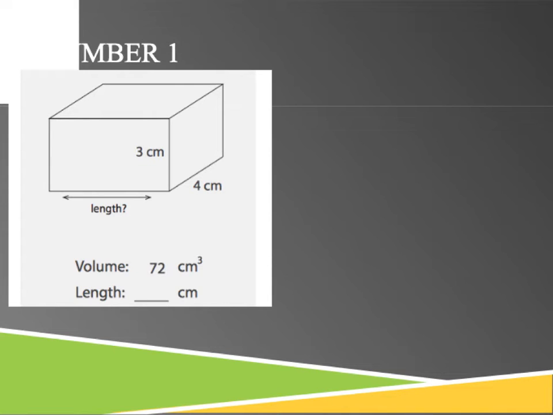We have a rectangular prism here, and it looks as though it is telling us what the volume is already. And it is also telling us what the width and what the height is of this shape. But what we need to find out is the length. So I know that if volume equals length times width times height, I'm going to plug in what I do have and see if I can work backwards to figure this one out.